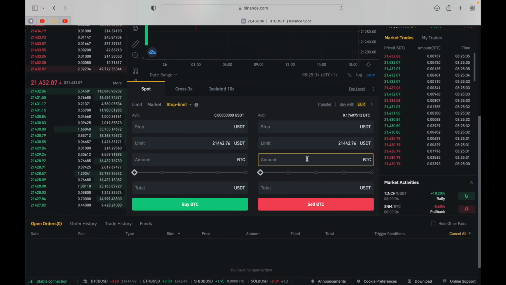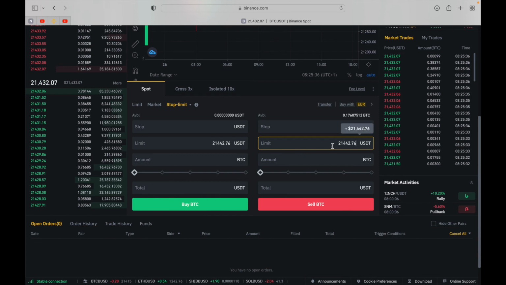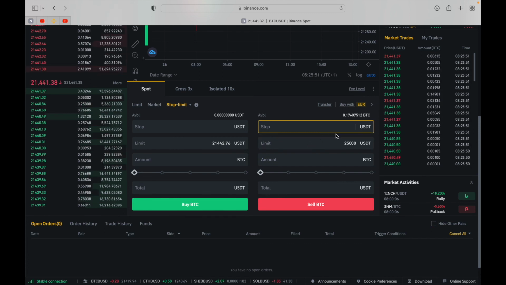Then stop limit. What is stop limit? At this particular price limit, sell my BTC. When the BTC price reaches this price, let me say 25,000, sell my BTC back to USDT. And when it gets to a particular price, get it back to BTC.